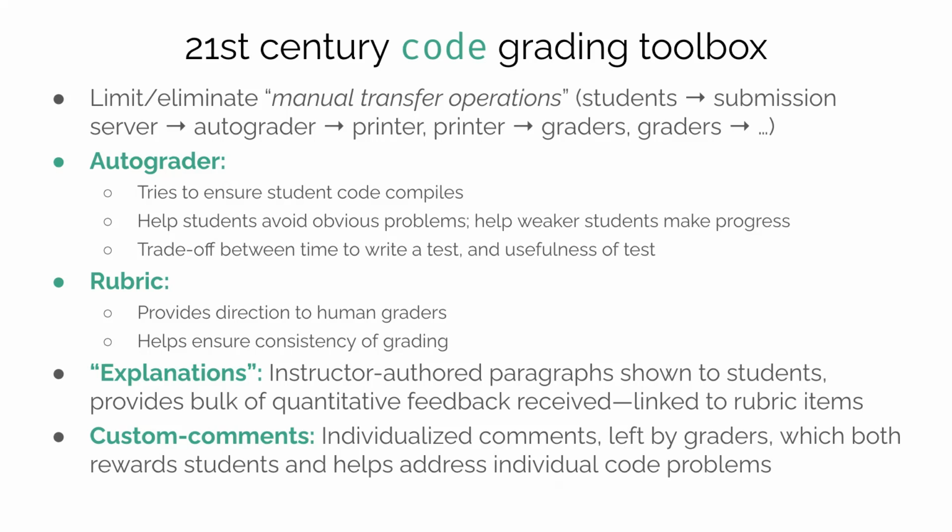And then the custom comments are individualized comments left by graders, which both help reward students and help address individual code problems, because graders will always be able to provide feedback on things that we can't anticipate. Sometimes some students make a mistake that nobody else will make, and the grader is empowered to provide feedback on that through the custom comments.